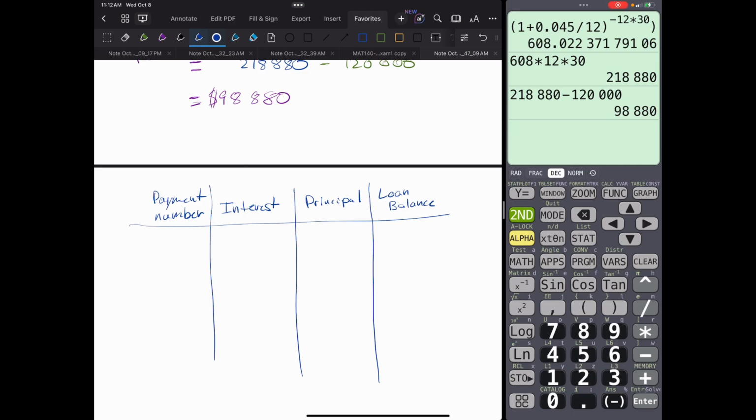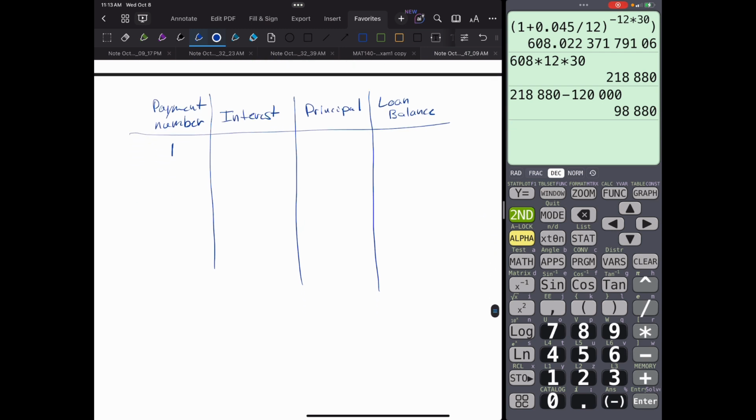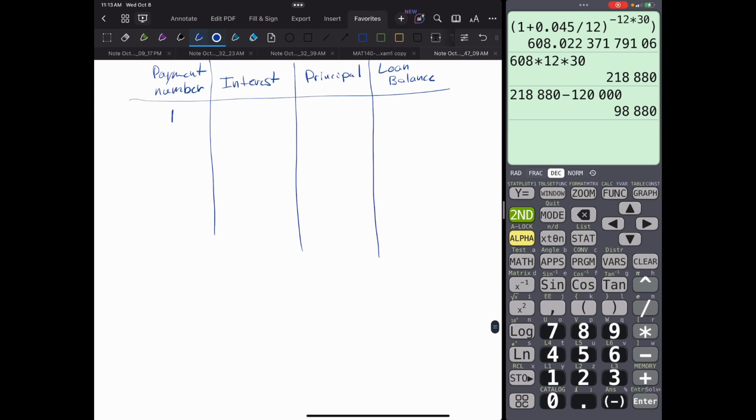We have our payment number 1, and we know that we've borrowed $120,000, right? We've borrowed $120,000, and we're going to think about this in terms of simple interest. And so for this first interest payment, here, we'll kind of make a little separate color for payment 1.